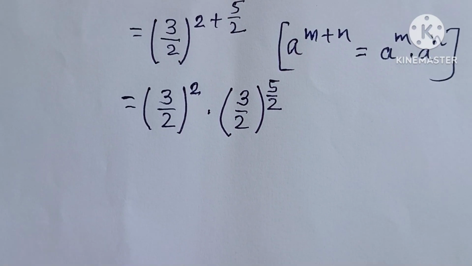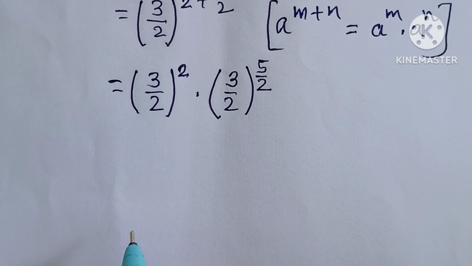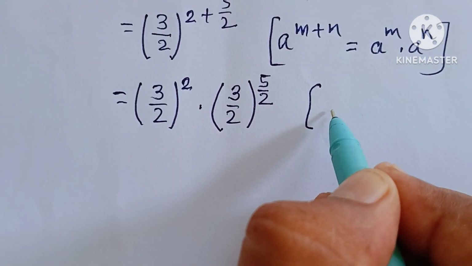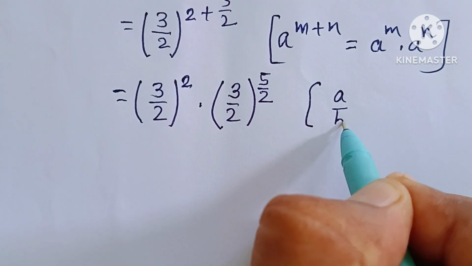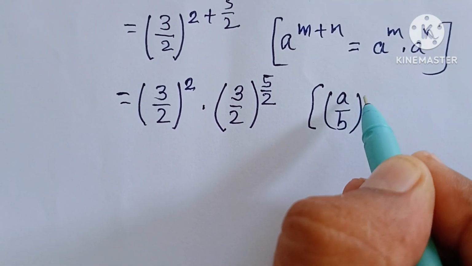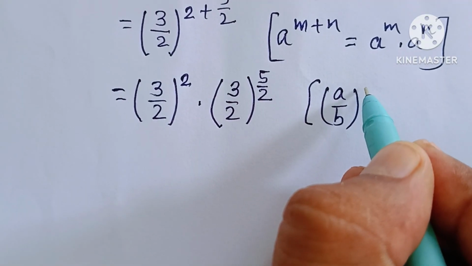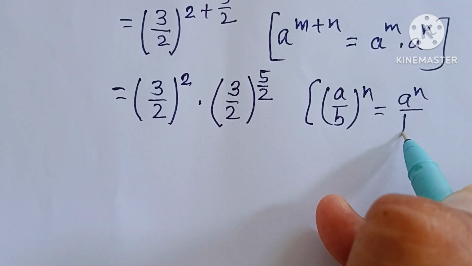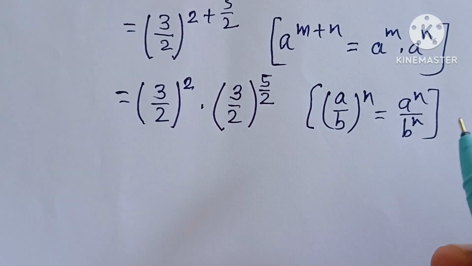Now here we can apply a raised to the power m plus n equals a raised to the power m into a raised to the power n. Now (3/2) raised to the power 2 into (3/2) raised to the power 5/2. Now here we can apply (a by b) raised to the power n is equal to a raised to the power n divided by b raised to the power n.